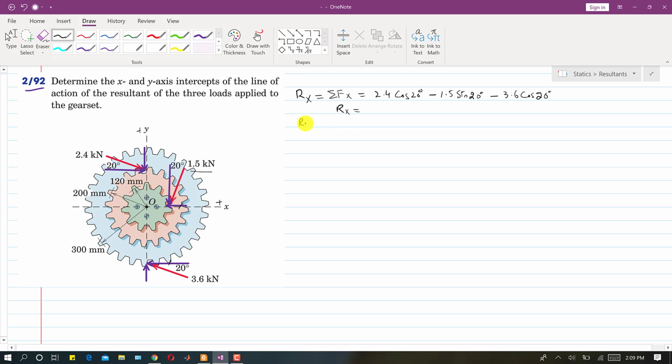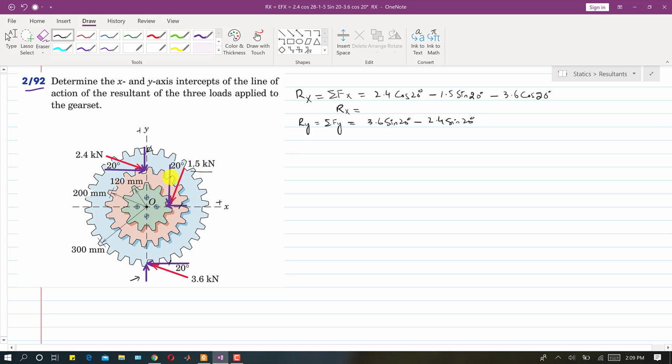To find Ry, we find the summation of all forces along y. Only this component is in the positive y direction, and it is the sine component of this 3.6 kilonewton, so I will write 3.6 sin 20 degrees. This component is in the negative y direction, so I will write minus 2.4 sin 20 degrees.